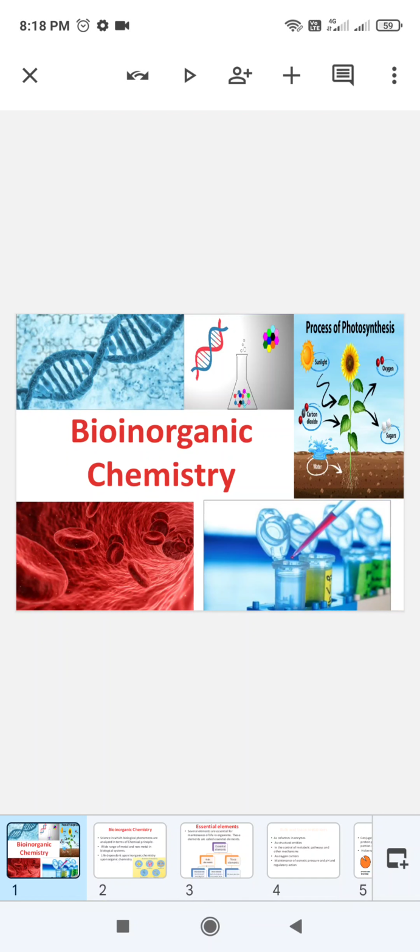So biochemistry is the combination of the study of bioinorganic molecules and the analysis and diagnosis of the different biological activities taking place in our body, also in living organisms, and analysis of certain biological parameters, etc.